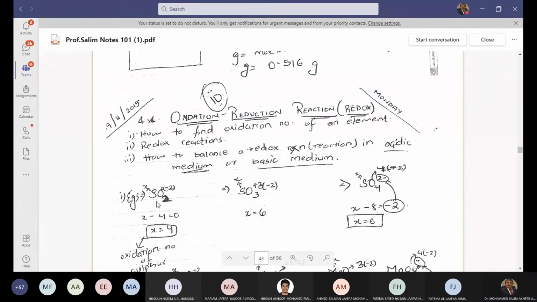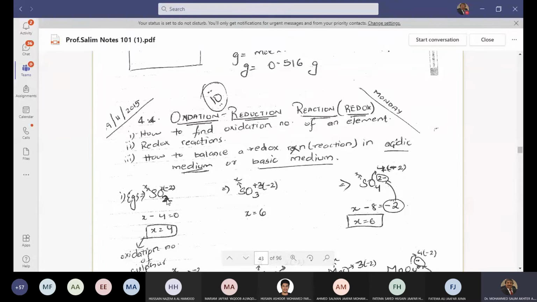SO2. Is there any charge on SO2? No. The -2 is here. There is no charge on SO2 and SO3.